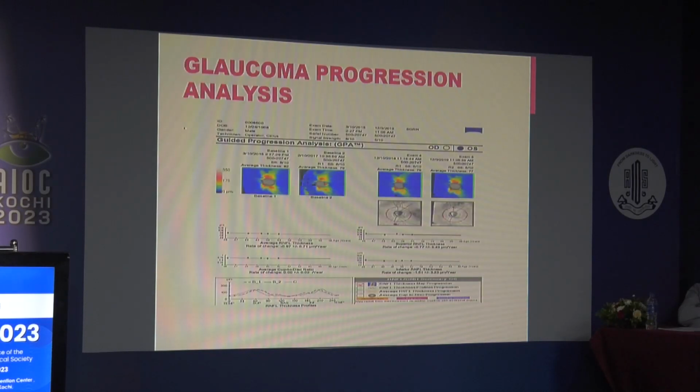There is one more software, glaucoma progression analysis. In this, when you are repeatedly doing OCT for the same patient, two good quality baseline OCTs are taken, and they are compared with the future OCTs, and they will give you possible loss, likely loss. If it is one event, it is possible; if it comes again, then it becomes likely.